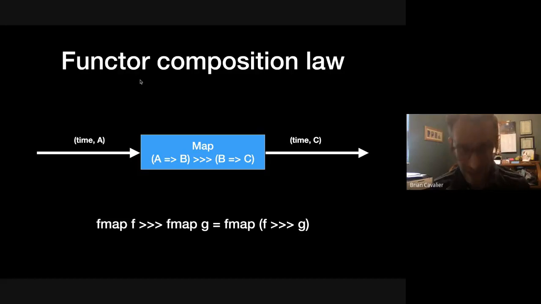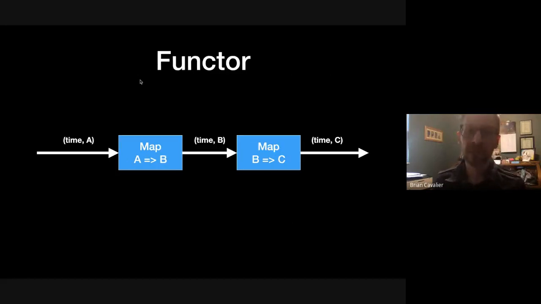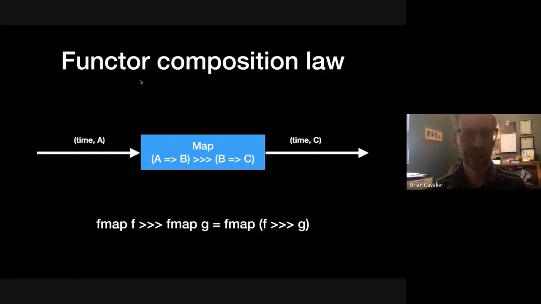So that's awesome. We can actually do that, right? We can take these two graph nodes and actually combine them by doing function composition on the two functions. And that's what Most does. When it sees that you've put two maps next to each other, it combines them into a single map with function composition.